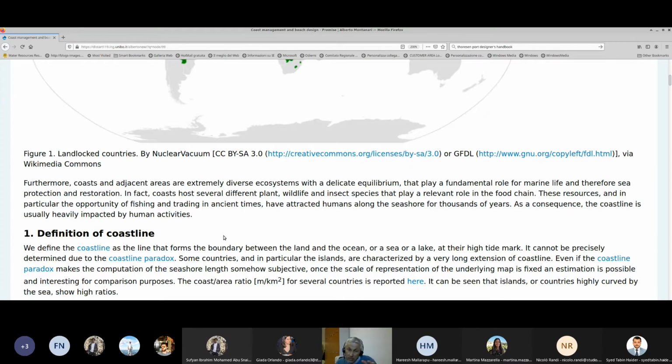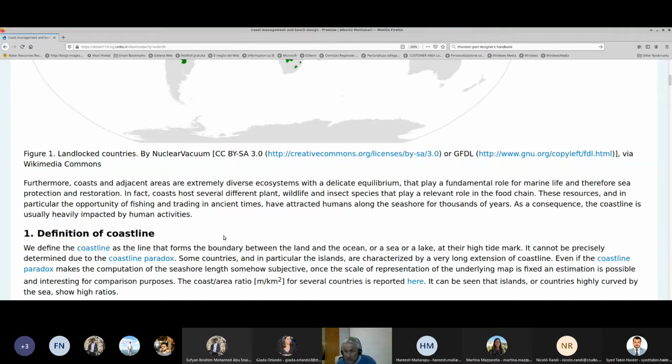Can you imagine if a plant grew up? It means that the roots are getting fresh water, and the roots cannot go into the deep ground because there is salt water there. If you increase the sea level by just a few centimeters, it may mean that this vegetation disappears.